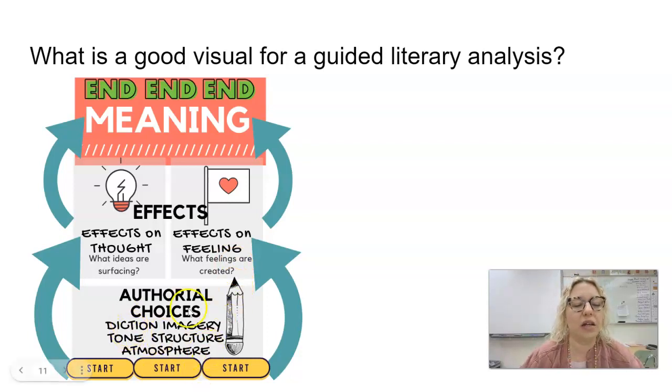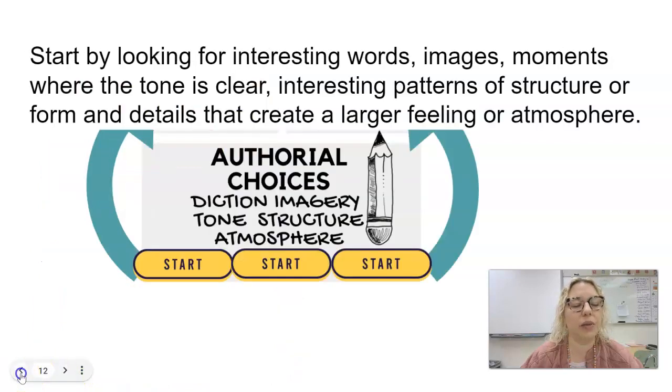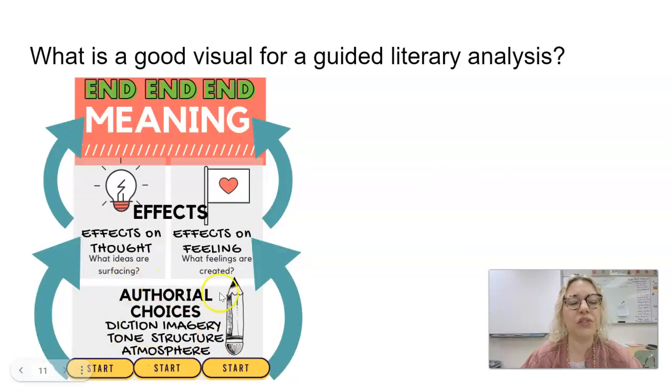And then we've got, this is really where we start, right? We start here, we move to the effects, and then we end with some kind of meaning. But you have to start with these things: the words that are in the text, the images that are created, the tone that is the speaker's attitude that is created, how they're structured, the atmosphere that is created through the description.